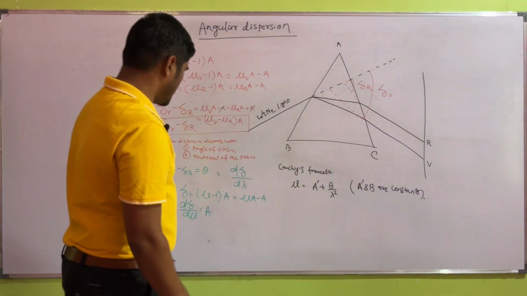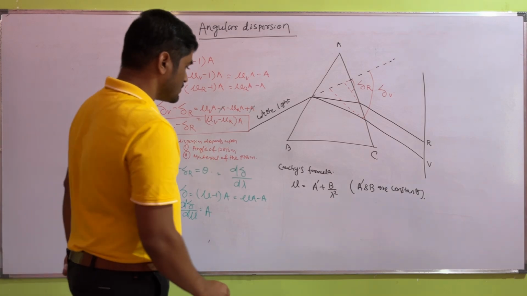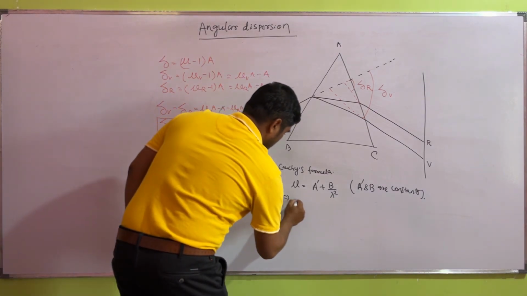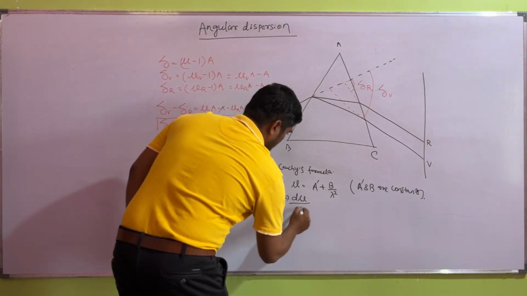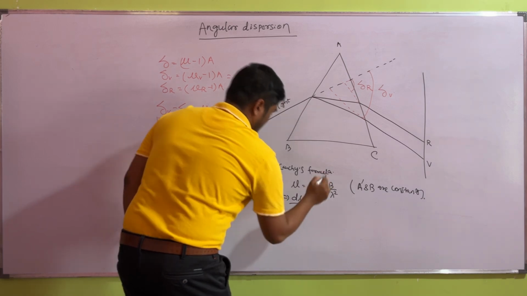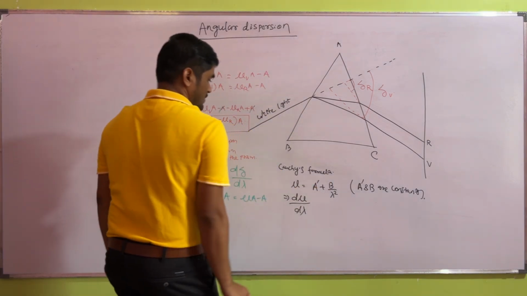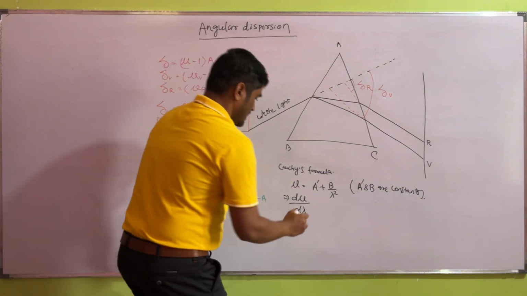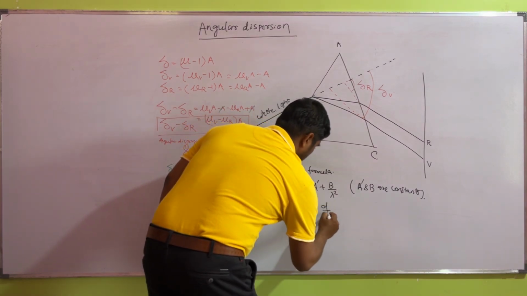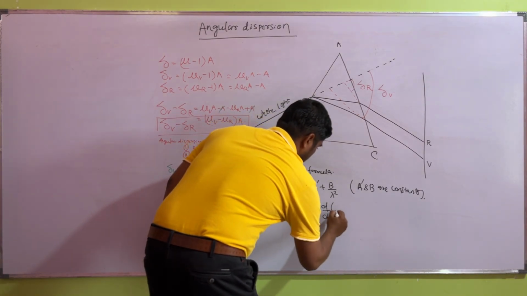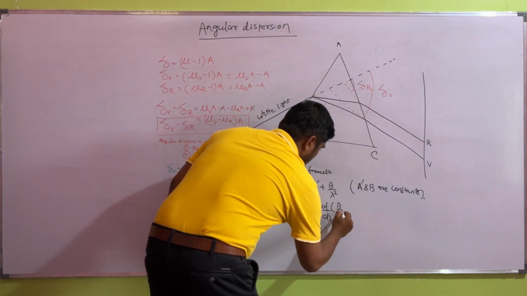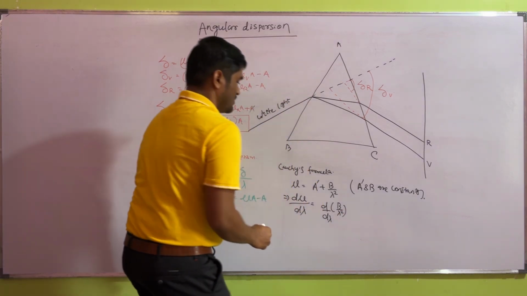So when you take the derivative, d mu divided by d lambda, the constant term will be 0. So that is d by d lambda of B divided by lambda square.